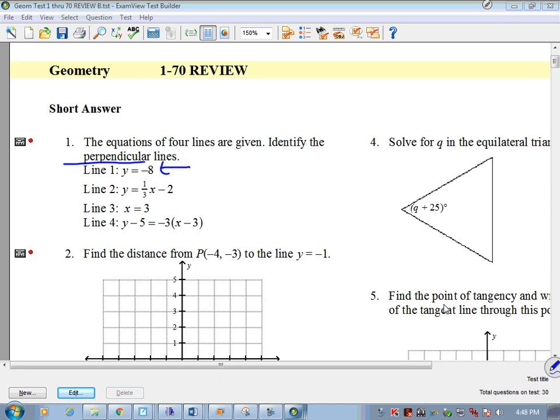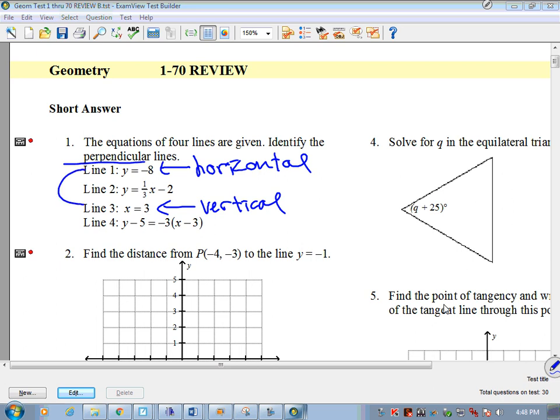First thing I'm going to point out is that y equals -8 is a horizontal line. And I'm going to see down here that x equals 3 is vertical. And just like the y-axis and the x-axis meet at a right angle, so does y equals -8 and x equals 3. So lines 1 and 3 are perpendicular to each other.